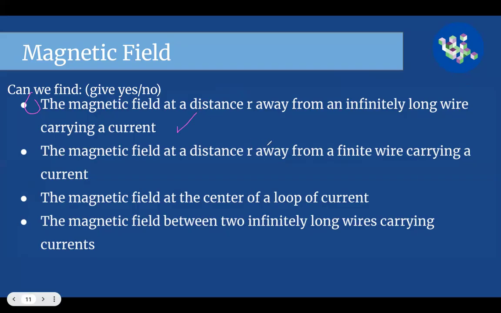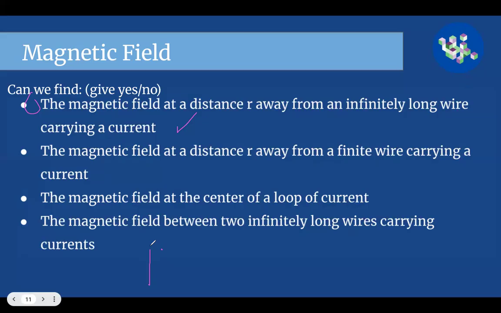Magnetic field at distance r away from a finite wire carrying a current. No, we cannot do this, because if we have a finite wire, we can no longer say that two points along the wire are equivalent. Everywhere along the wire will have different magnetic fields, and you'll find that the magnetic field lines look pretty complicated, especially when the wire ends.